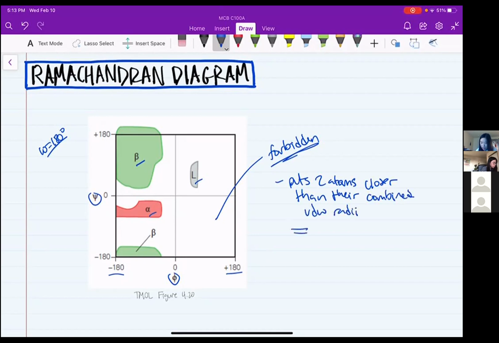Right, so you're going to get van der Waals repulsion. And you're going to have this extremely strong repulsive energy that you're not going to be able to reconcile with other stabilizing forces. And so we just say that these conformations are forbidden.